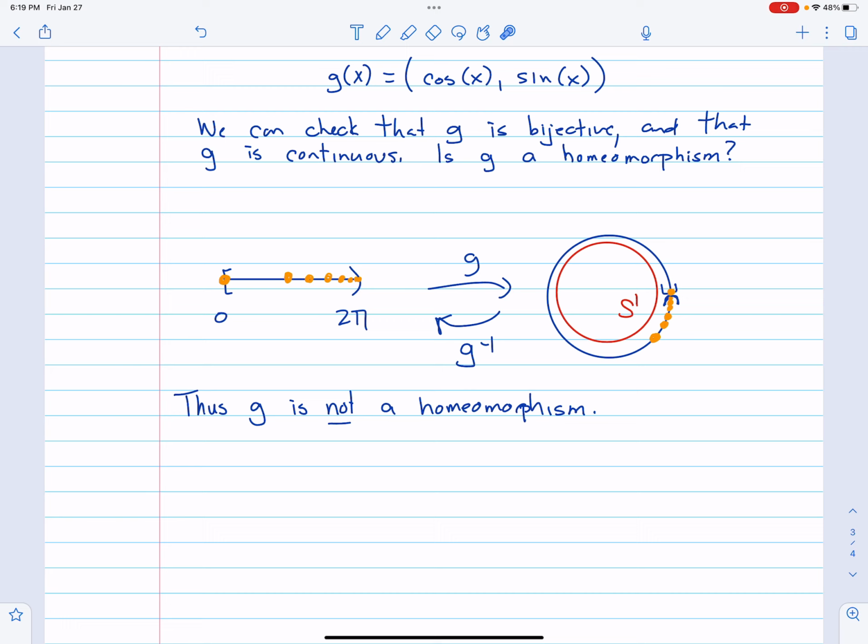We don't have those tools immediately available, but if you want to think about how to do this, you'll notice that one of these spaces is not compact, whereas this one is compact.